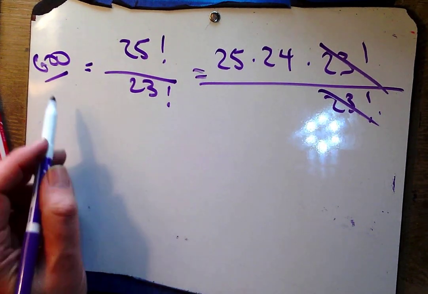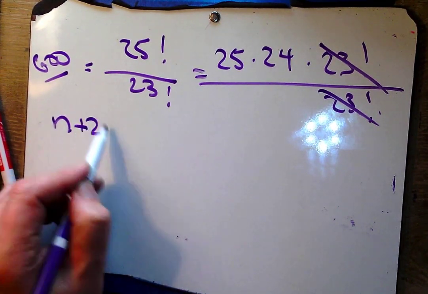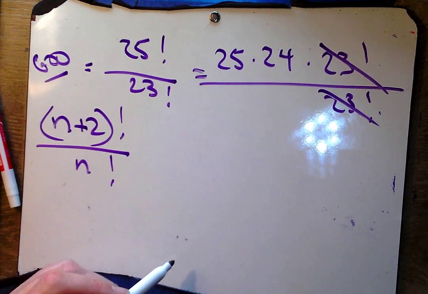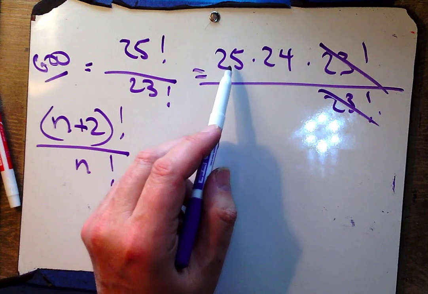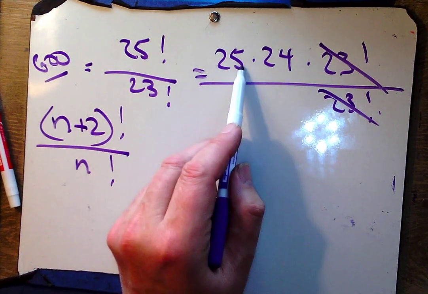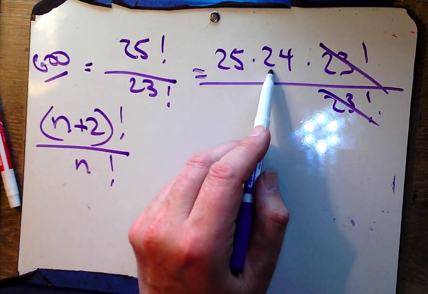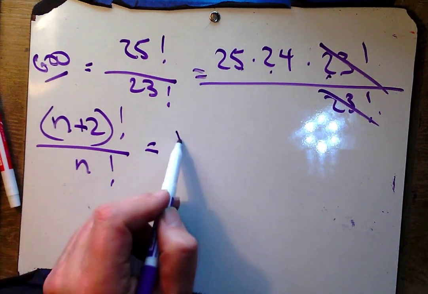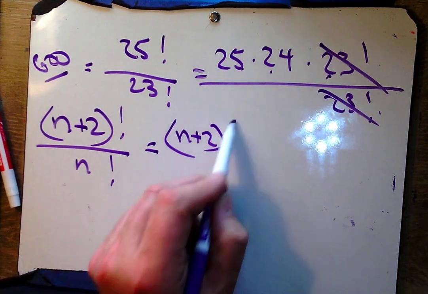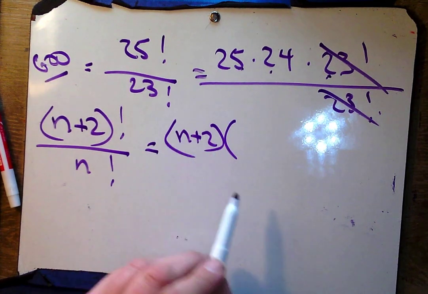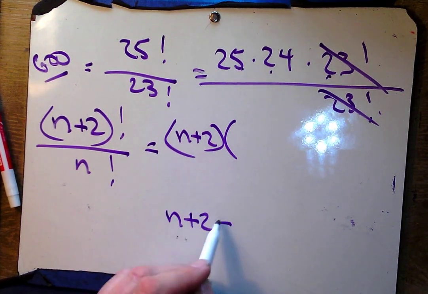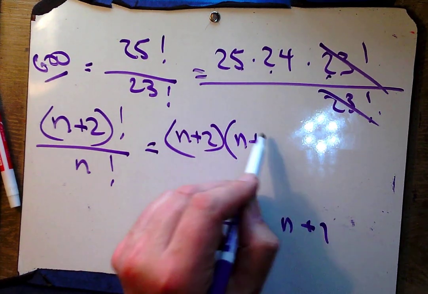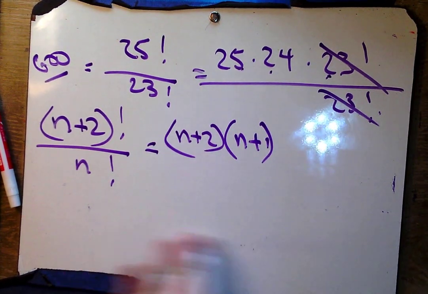How about this one, though? I have n plus 2 factorial over n factorial. Well, what did we do here? We started with this number, and then we subtracted 1 from it, and we subtracted 1 from it. So I'm going to start with this number, and I'm going to subtract 1 from that. n plus 2 minus 1 is n plus 1.